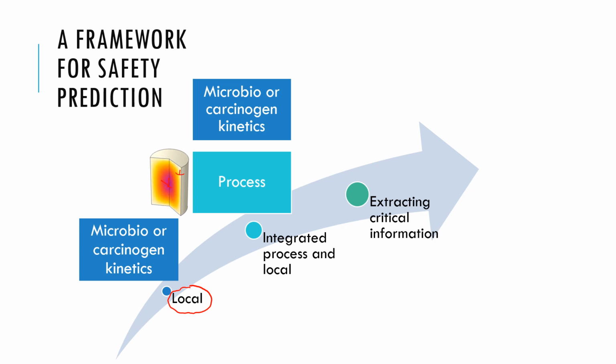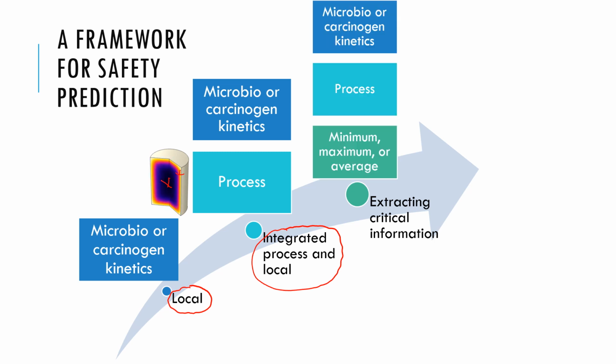So that is the integrated process and local kinetic information. And after that, we further process the data depending on what the context is. Our interest, for example, could be the location where we have the maximum amount when there is growth, or our interest could be the minimum point, or where we have the minimum amount of destruction.